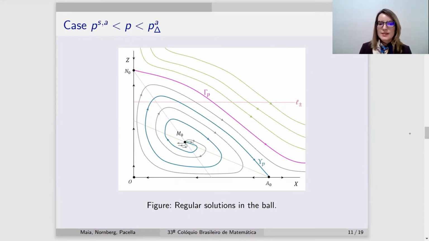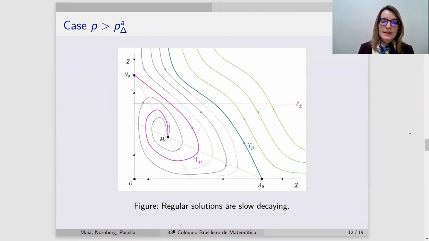And it's interesting that in this case we have exactly one alpha blowing up solution issued from M0 with slow decay, and we have exactly one with fast decay. And we have infinitely many alpha blowing up solutions of the ball.